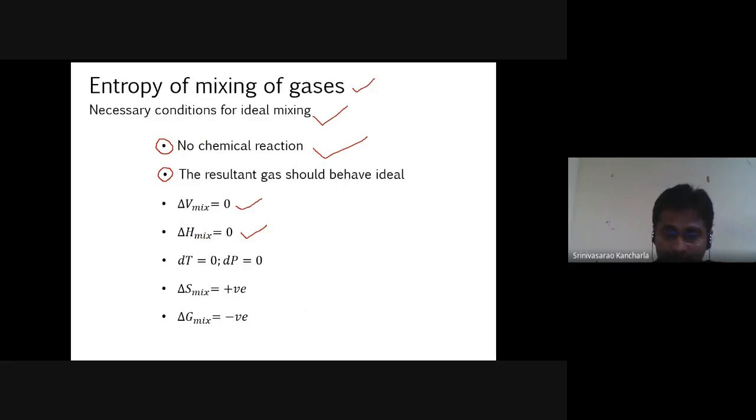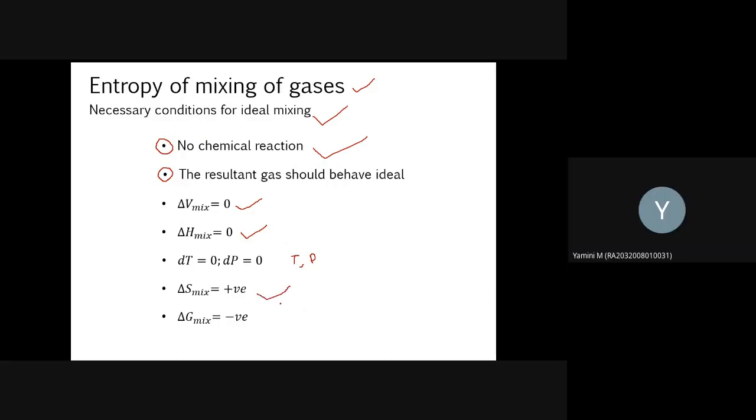And another thing is that we are doing that at constant temperature and constant pressure. So remember this. This is the condition where we are doing it at constant temperature and constant pressure, and then the entropy of the mixture should be positive. You know why? Sir, delta S should be positive for a reaction to be spontaneous.